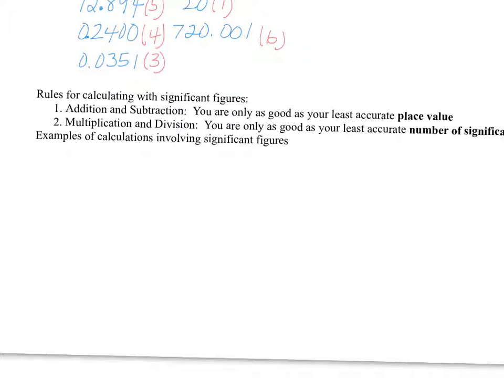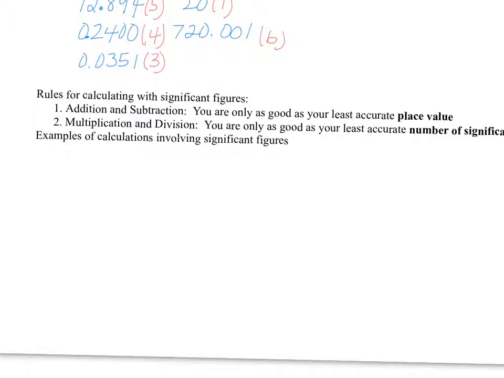Let's just review the rules first. In addition and subtraction, as always, with anything, you do the math first. Just do the math. Then, once you have your whole answer, you're going to present it to the least accurate place value. I used to say the least number of decimal places, which is the same thing because the 10th place is less accurate than the 100th place.